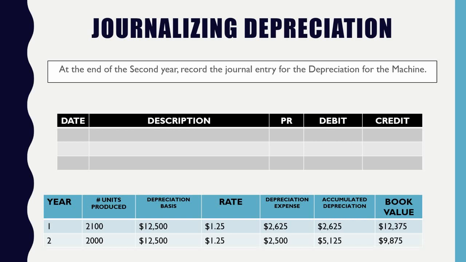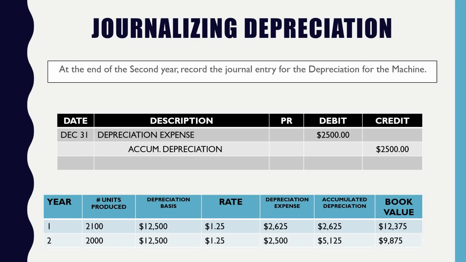So here, my journal is going to reflect the same: depreciation expense and accumulated depreciation for 2,500. Now, the question here is, well, in the table, it says the accumulated depreciation is 5,126. This number should match your ledger account for the accumulated depreciation, because once again, you're adding the first year plus the second year.